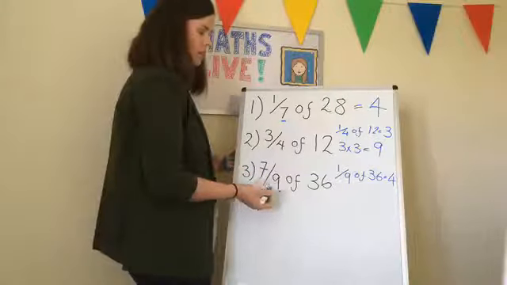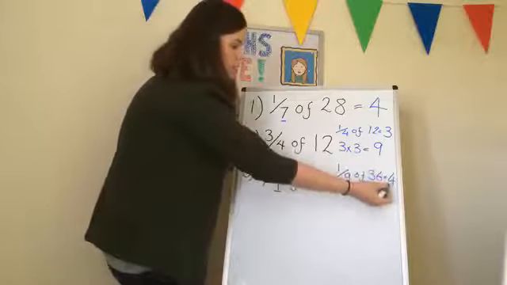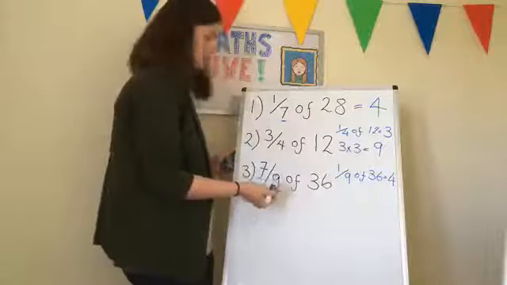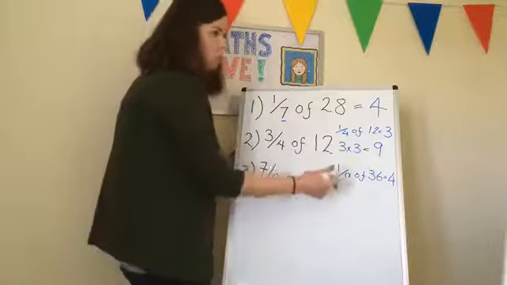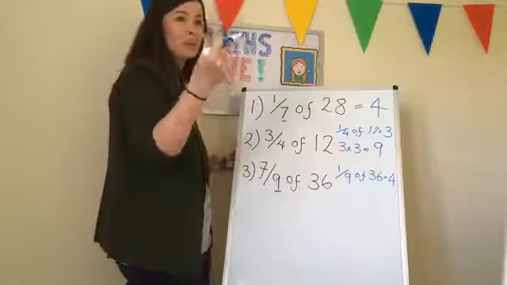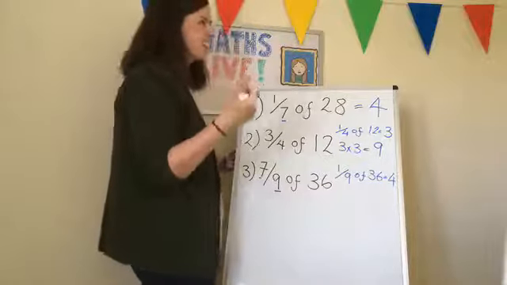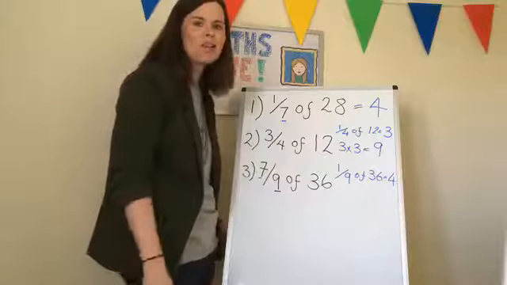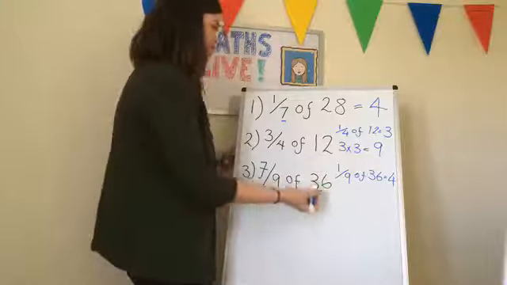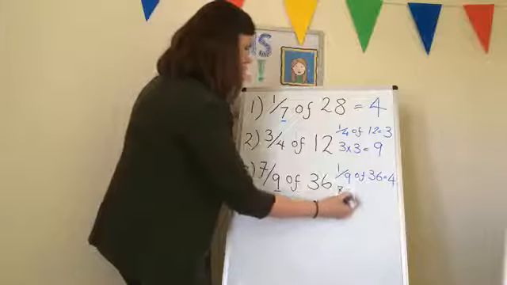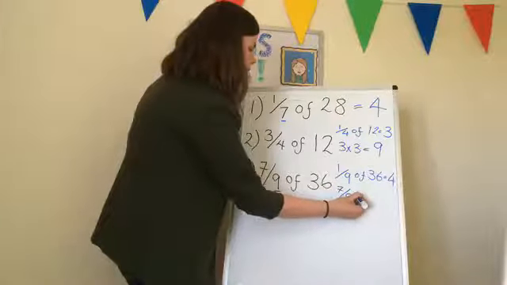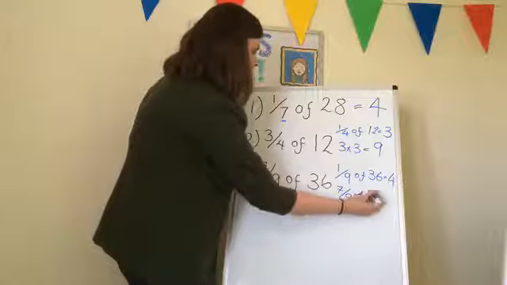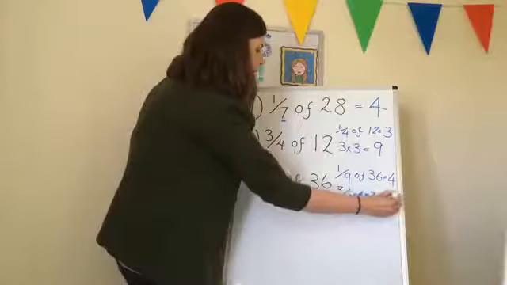So what we do with our answer, we times 4 by 7, because we want 1/9 seven times. See how quickly you can say 1/9. It's a proper tongue twister. So 7/9 of 36 is 4 times 7, which is 28.